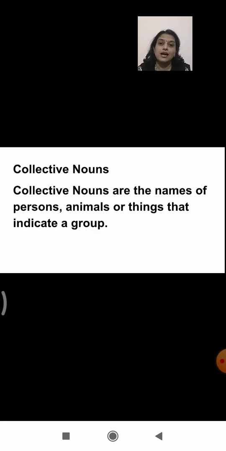Collective nouns are the names of persons, animals, or things that indicate a group, right? So these are the three kinds of nouns we have learned so far.